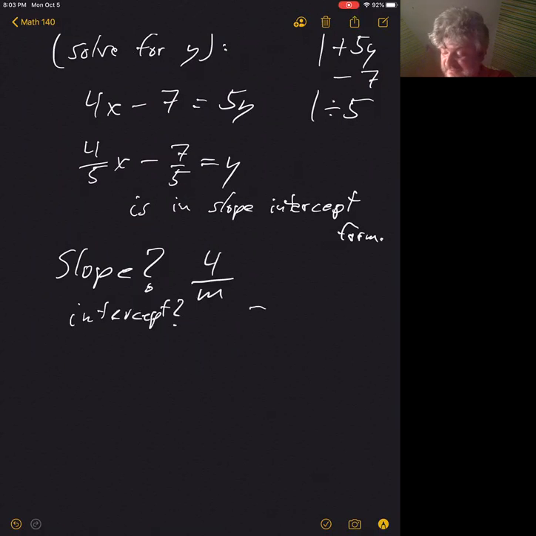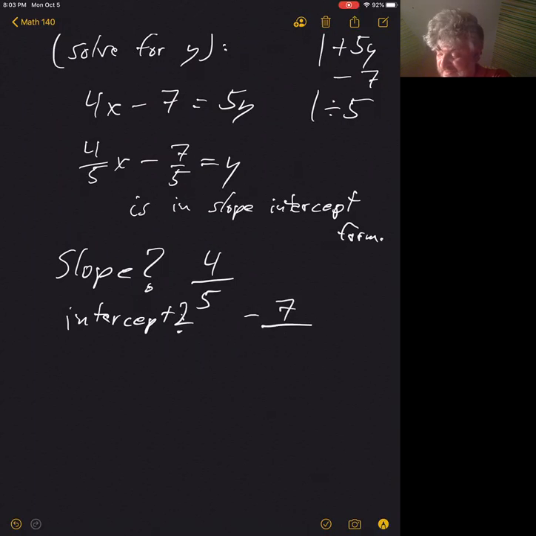It's negative 7 over 5. Four over 5 is the slope, and the intercept is negative 7 over 5. So you can just read it off the slope-intercept form. That's why it's called slope-intercept form, and that's why it's good.